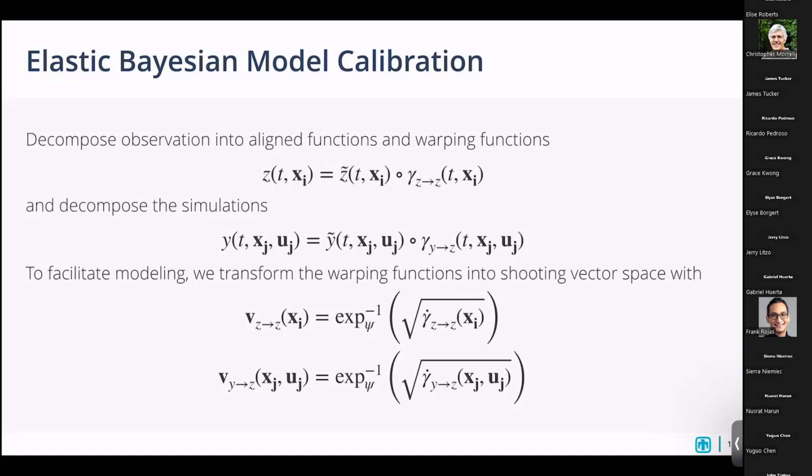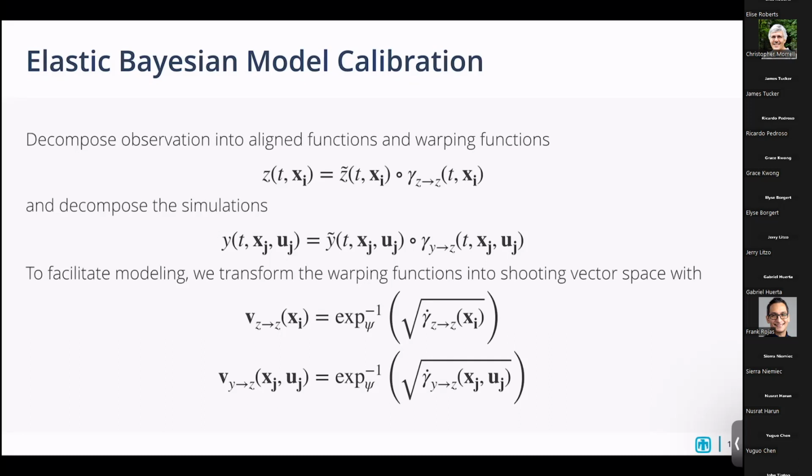And if you think about it, if we're going to correctly find the correct theta in this model calibration, if we align to the experiment, then we won't have any phase variability. So gamma will be identity upon successful calibration, and Y tilde will match our experiment.